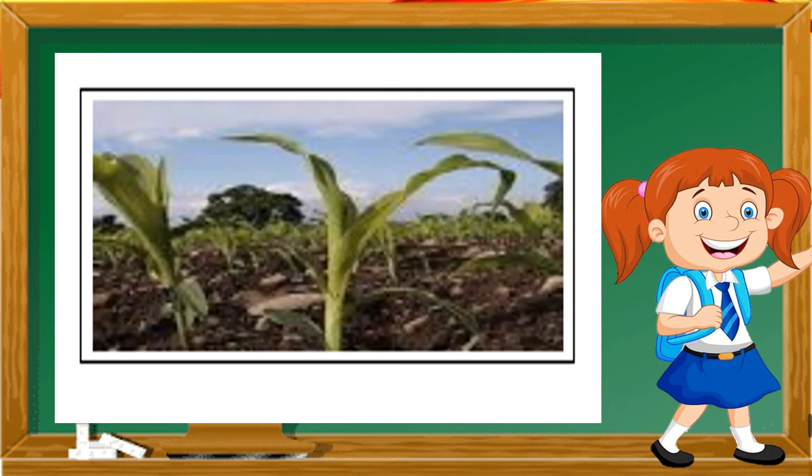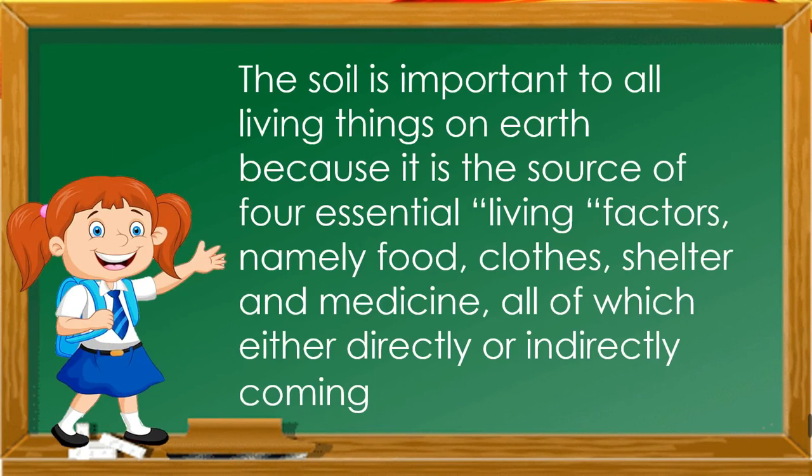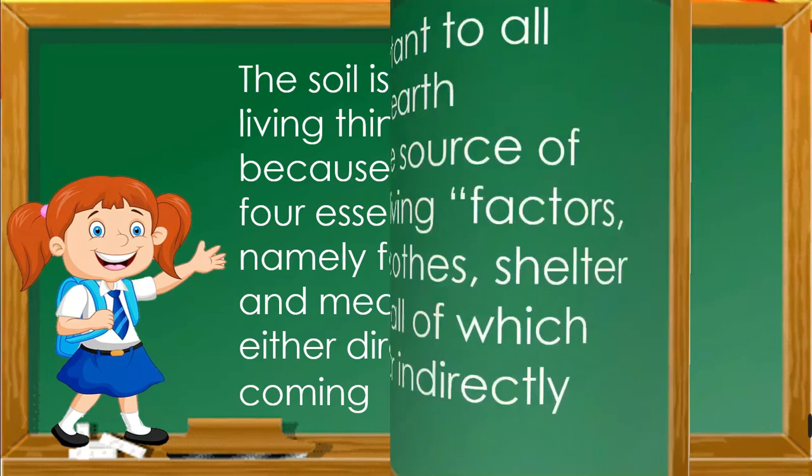The soil is important to all living things on earth because it is the source of 4 essential living factors, namely food, clothes, shelter, and medicine, all of which either directly or indirectly come from the soil.